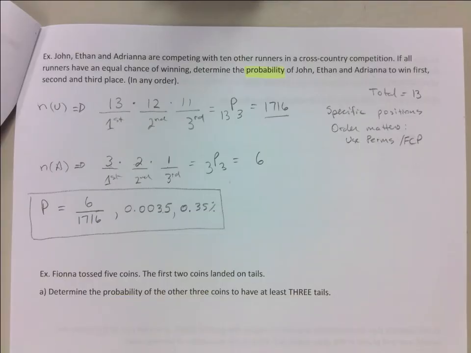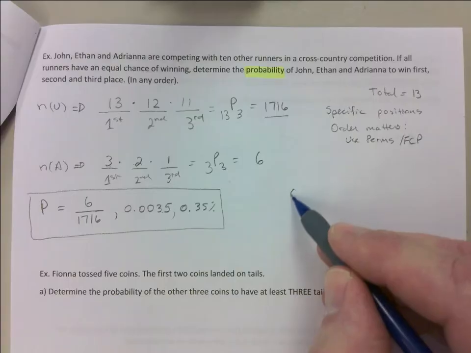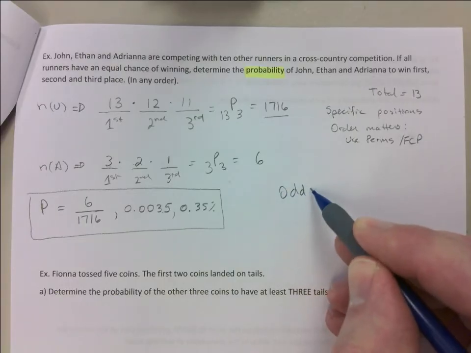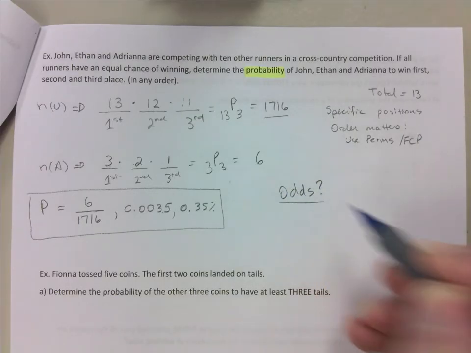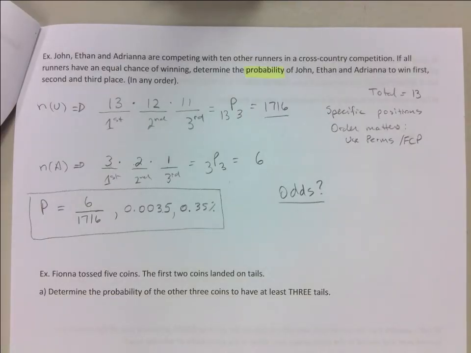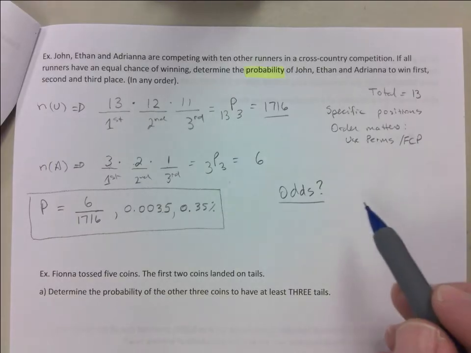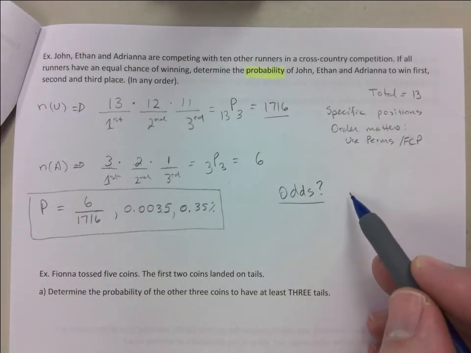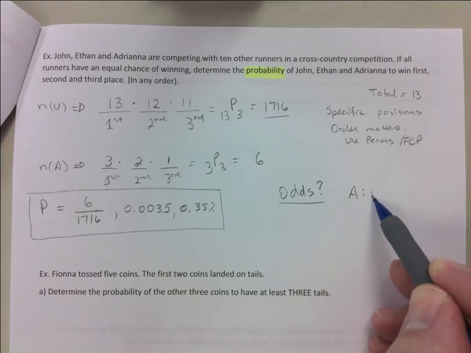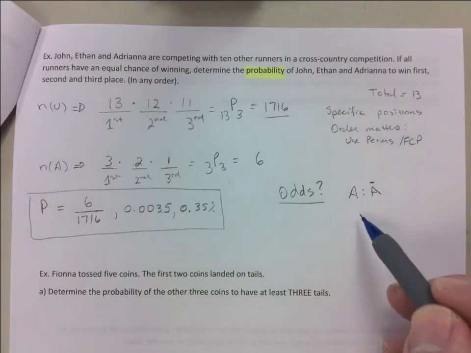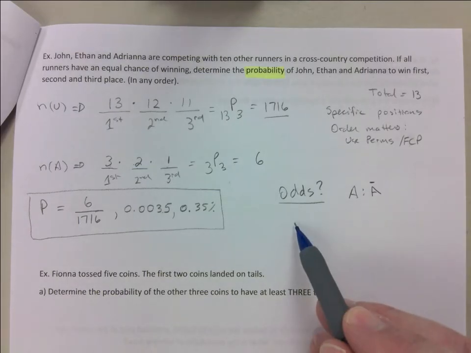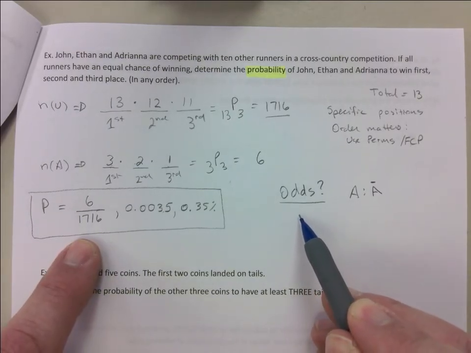What if I asked you for odds? This is just an aside. If it asks for odds of that happening, right? Remember, this is A to not A. Okay. So it happening is what? 6?